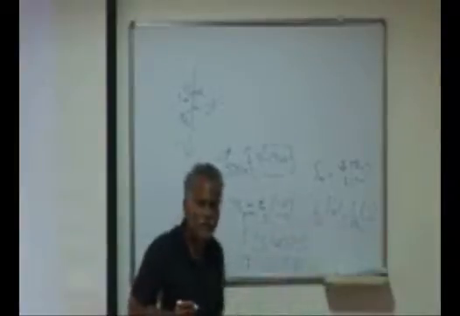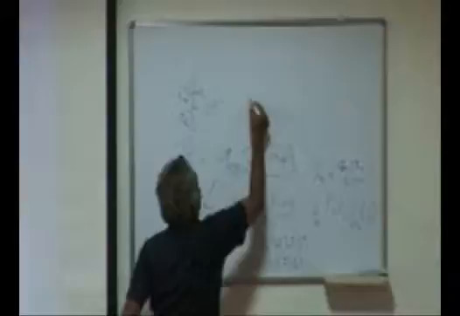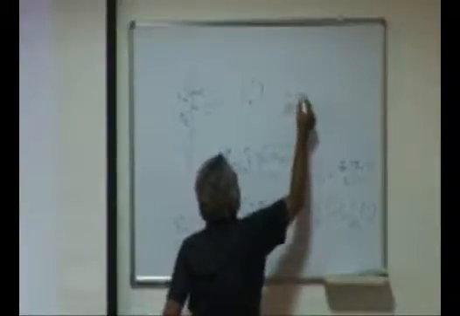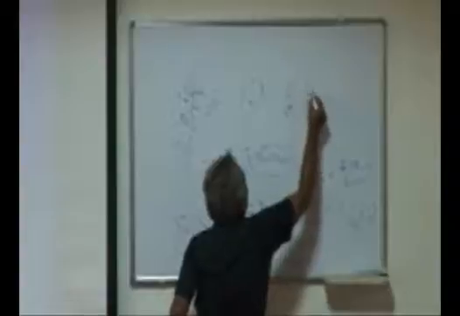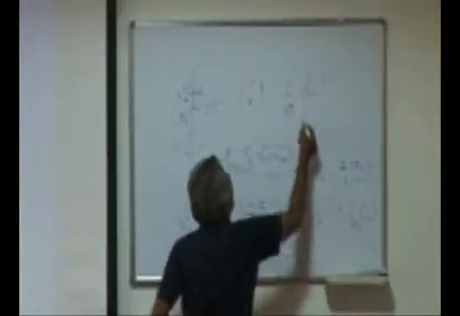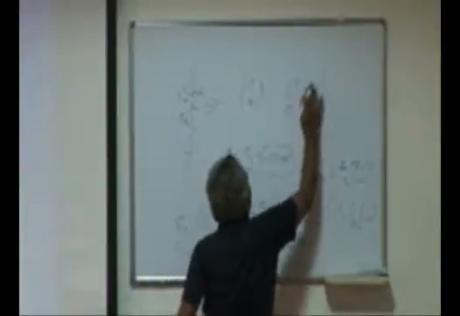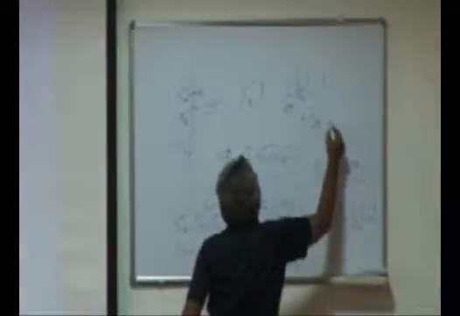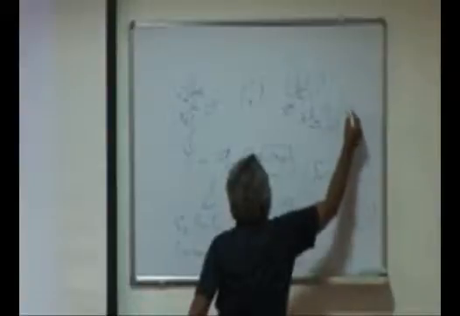If I want to measure along the x direction, first I have to choose my basis. Then I have to expand this object (1, 0) in terms of that basis. It is 1 by root 2 times 1 by root 2 (1, 1) plus 1 by root 2 times 1 by root 2 (1, minus 1).